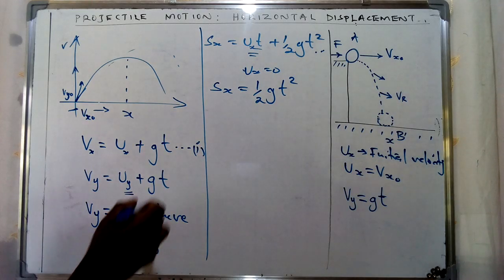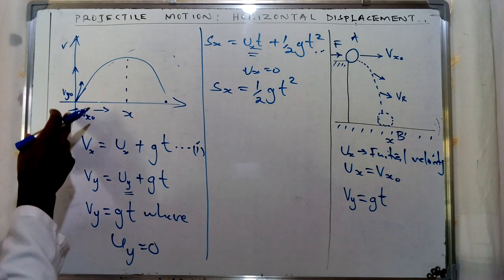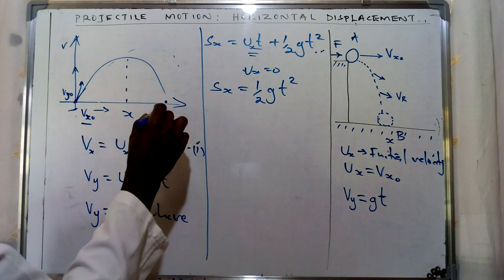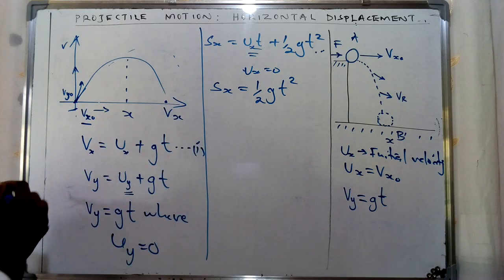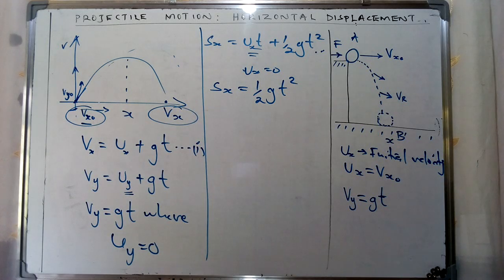In this case, we are going to consider two particular cases: the launch at this point with an initial velocity of this one, and then the final velocity given as that one. We're going to consider these two aspects of velocity and try to see their specific quantity, and that is going to be more elaborate in our subsequent discussion.